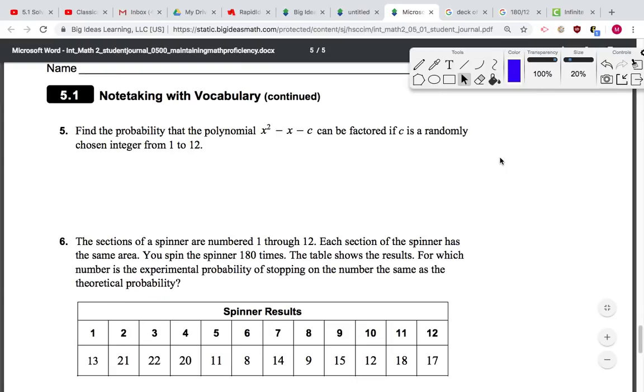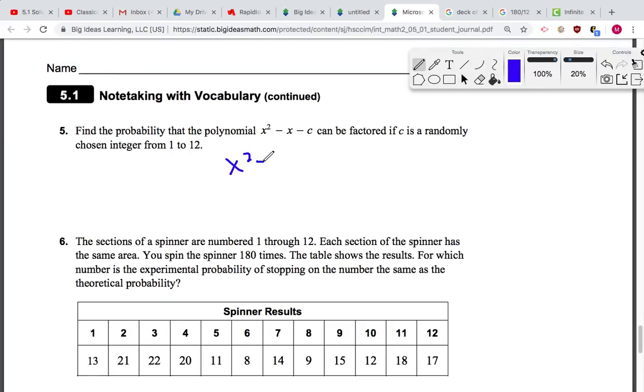Okay, and this one is basically asking you to factor x squared minus x minus c, and it says, can it be factored if c is randomly chosen from 1 through 12? So x squared minus x minus 1, x squared minus x minus 2, x squared minus x minus 3, 4, 5, and the question is how many of them can be factored.